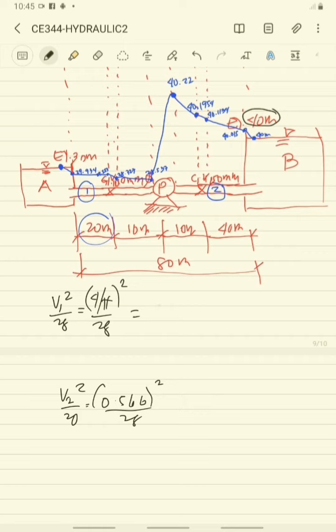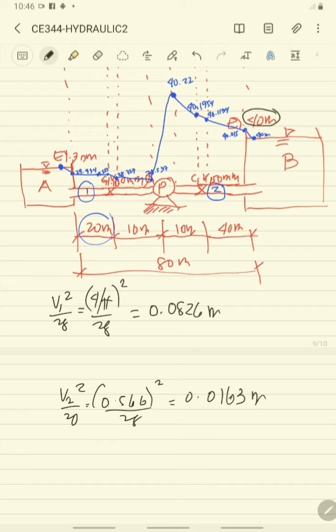So this is 0.0826 meters. And 0.566 squared divided by 2 times 9.81 is 0.0163.